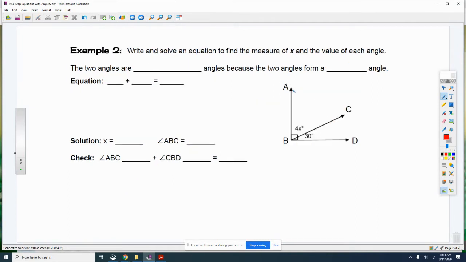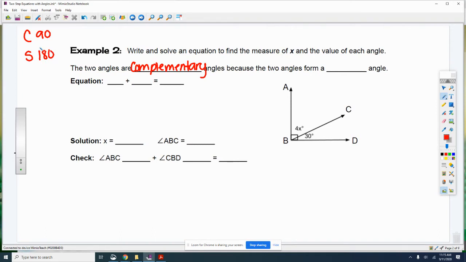So here I have a 90-degree angle, and these are called complementary. And the way that I remember the difference between the two is you have C, complementary comes before S in the alphabet, and 90 comes before 180 when you count.